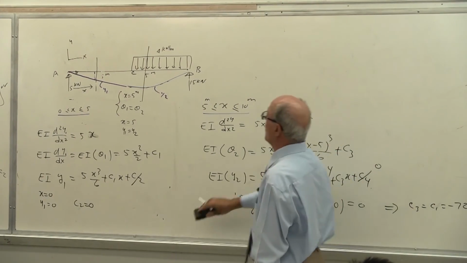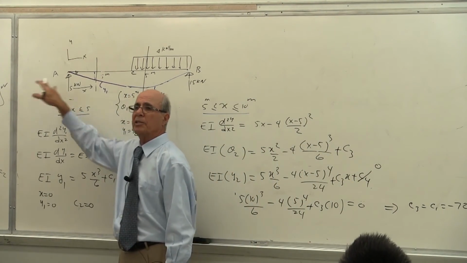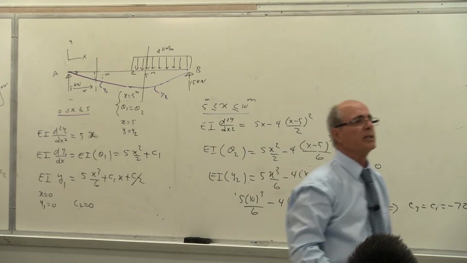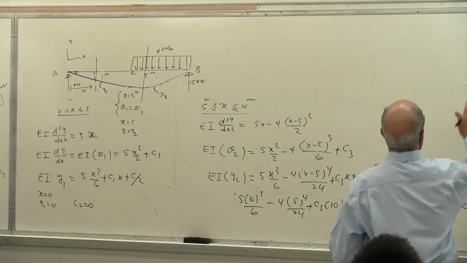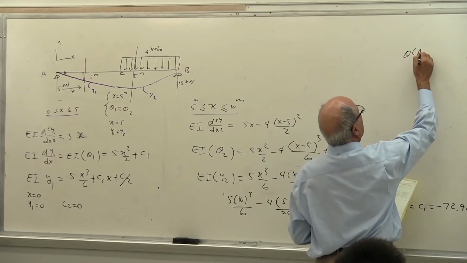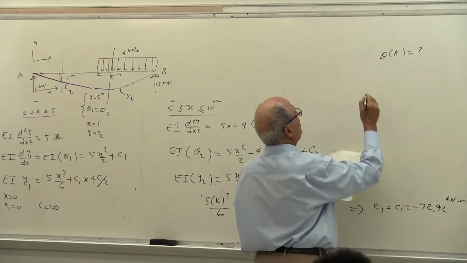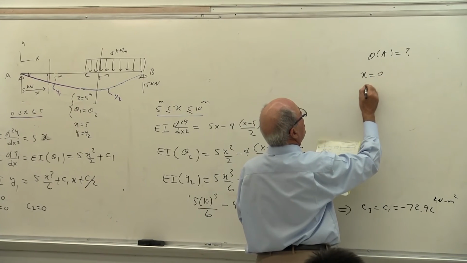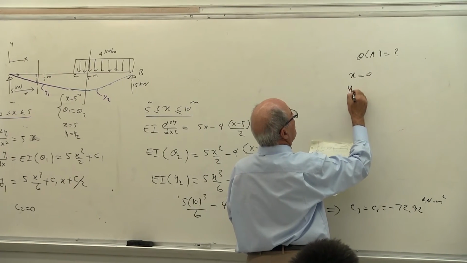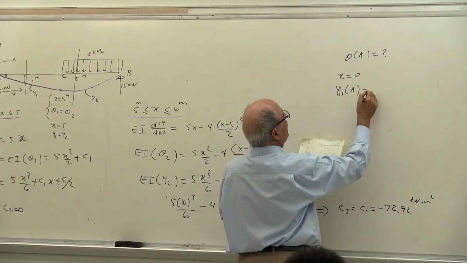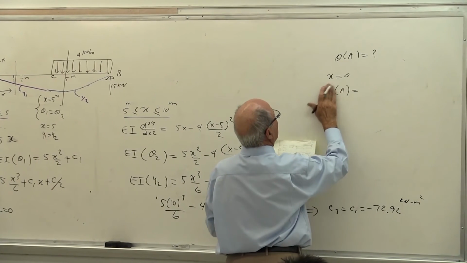Of course, theta A belongs to the purple line, not the blue line. Is that correct or not? So if somebody asks you what is theta A, you can answer, sure, definitely. You put x equal to 0, and you calculate y1 at A.